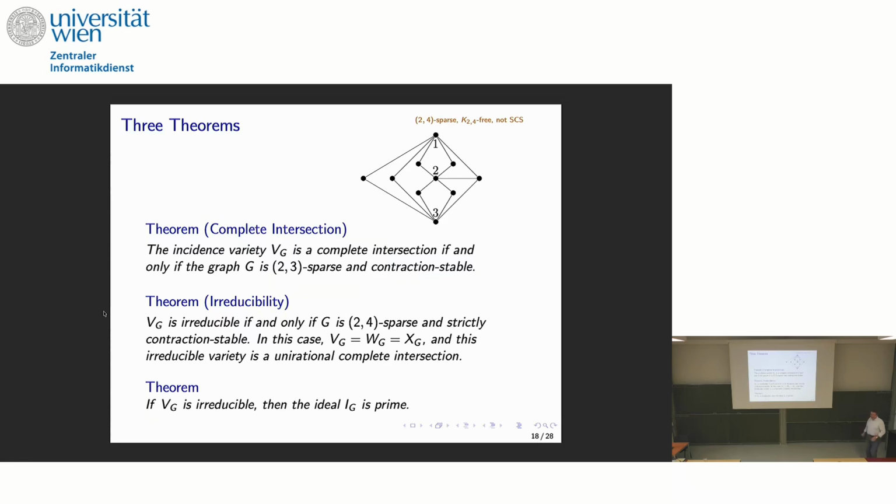So if you're in this context of these incidence varieties, if the variety is irreducible as a set, then the ideal is prime. It's weird, right? Because the converse holds always: if you have a prime ideal, then the variety is irreducible. The converse is very false in general, but in this context, it's true.